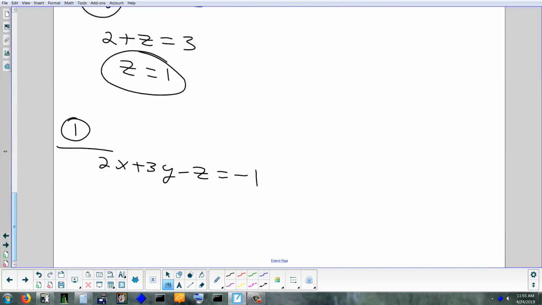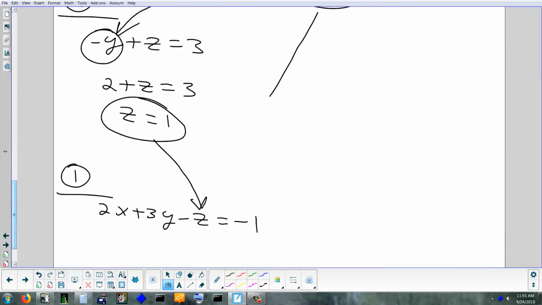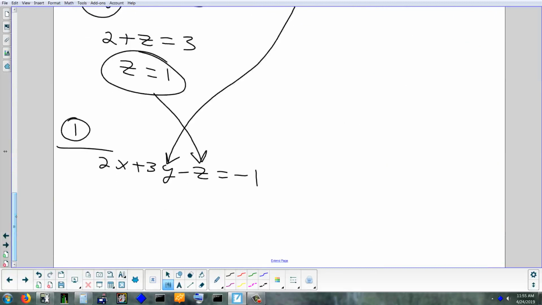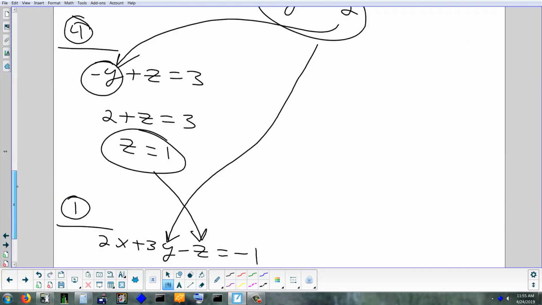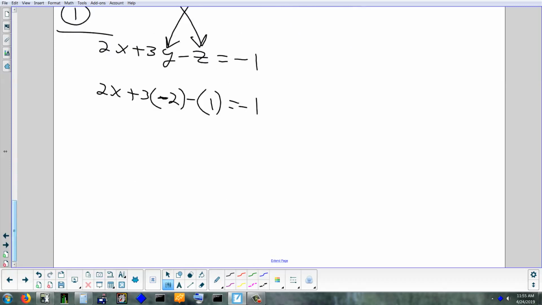Okay, so z, it's going to go right there. And y, it's going to go right there. So we've got 2x, forgot what it was, -2, minus z is 1, equals -1.